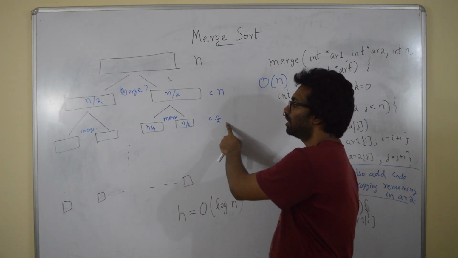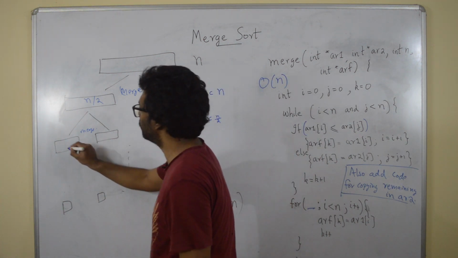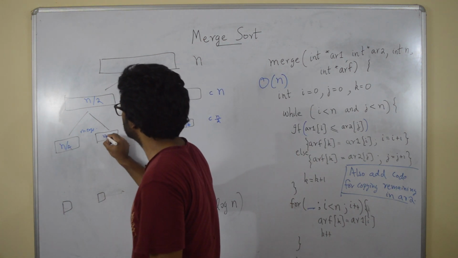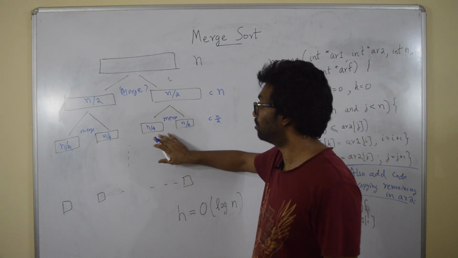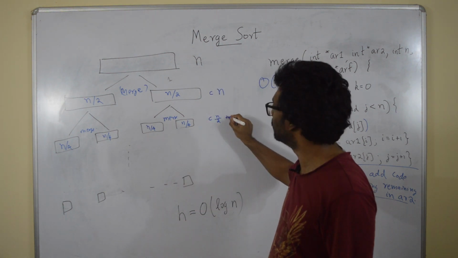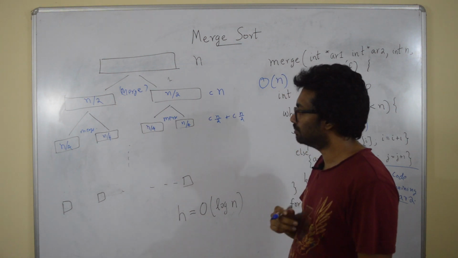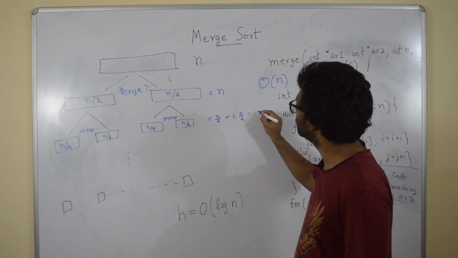Okay, so this is c times n by 2, and what about this? This is also going to take c times n by 2. So this is c times n by 2 plus c times n by 2. Okay, this turns out to be c times n again.